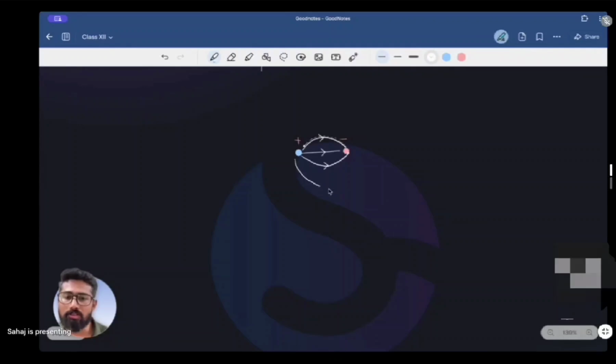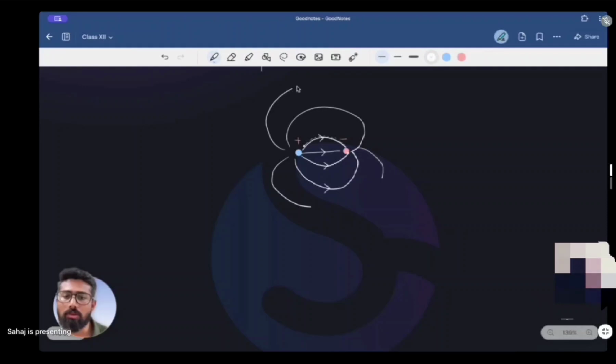And these lines of force would also bend. Sorry, the other way. Something like this.